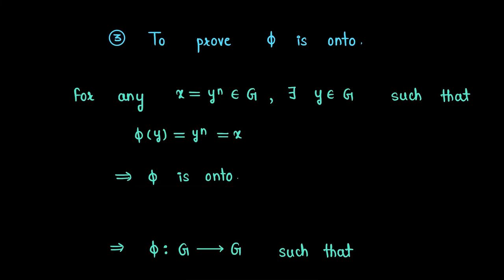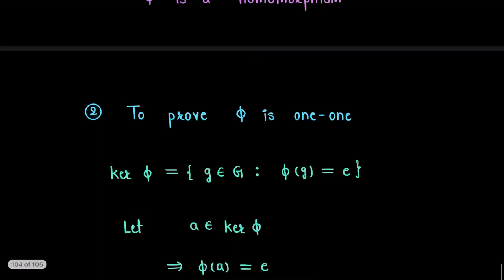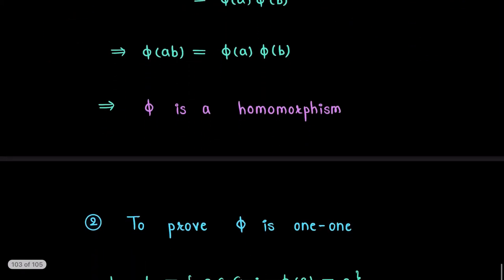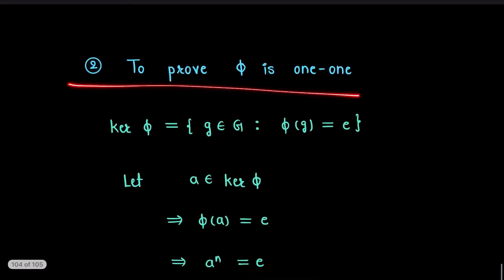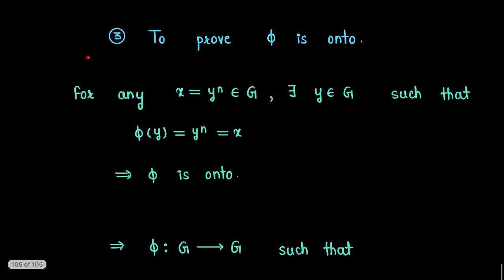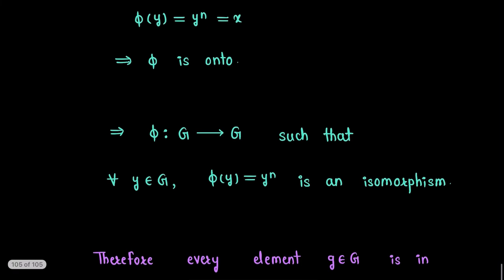And therefore from 1, 2 and 3 we have that the map phi from group G to group G such that for all elements y in group G, phi of y is equal to y to the power n, is an isomorphism.